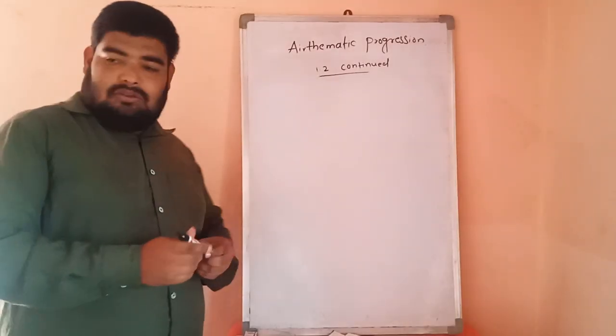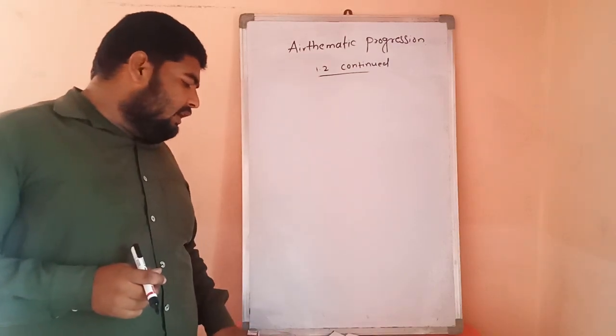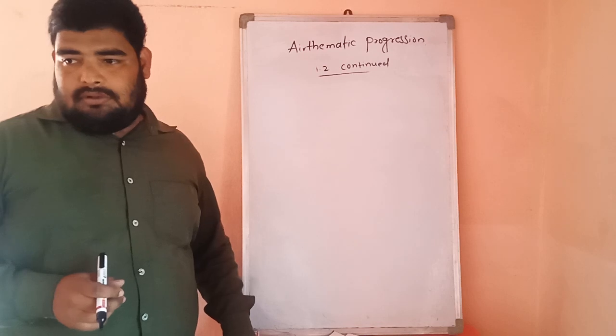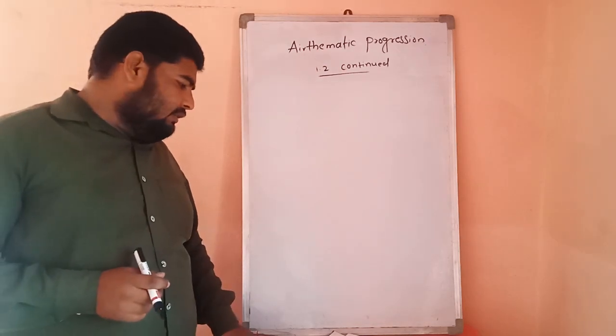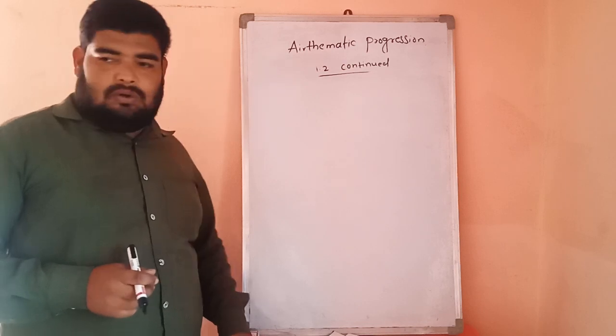Ninth question: if the third and the ninth term of an arithmetic progression are 4 and minus 8 respectively, which term of this is 0?